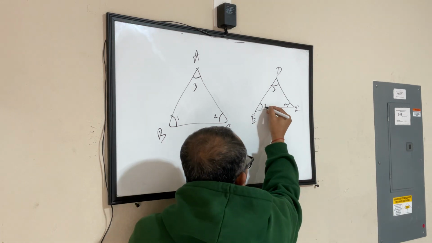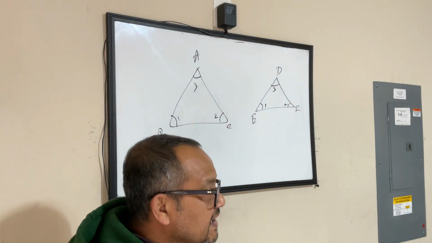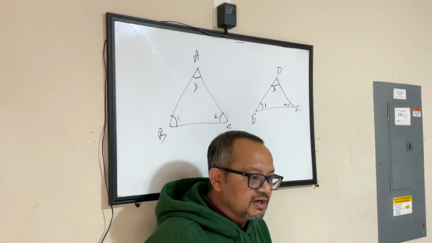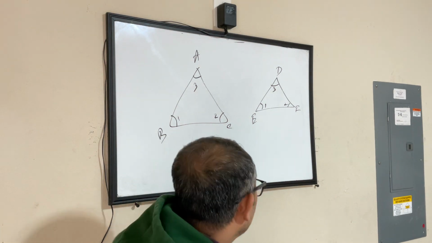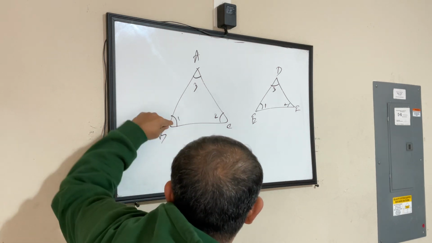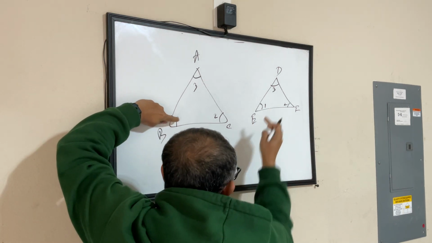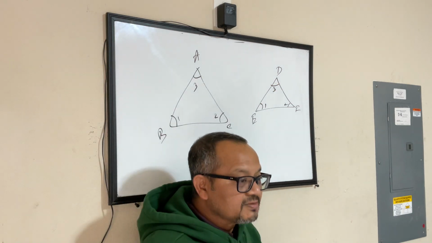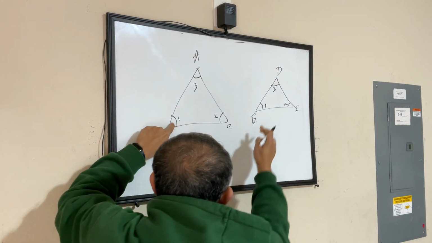Okay. So what similarity says is, if you have two triangles which are similar to each other, that means their sides will be in the same proportion. Now let's look at it. The only way you can relate two triangles as similar is based on the angles. So these are the two matching angles.